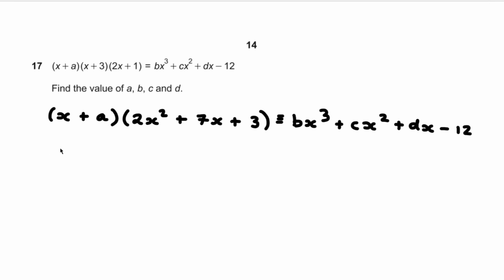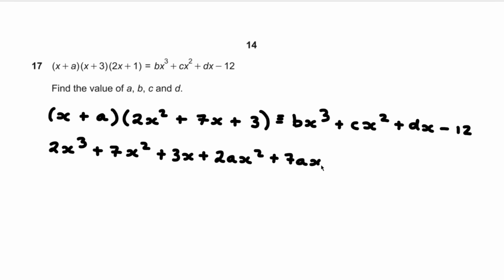I've got x times by 2x squared, so that's 2x cubed. x times by 7x, that's 7x squared. x times by 3, that's 3x. a times by 2x squared, that's 2ax squared. a times by 7x, that's 7ax. a times by 3, that's 3a.